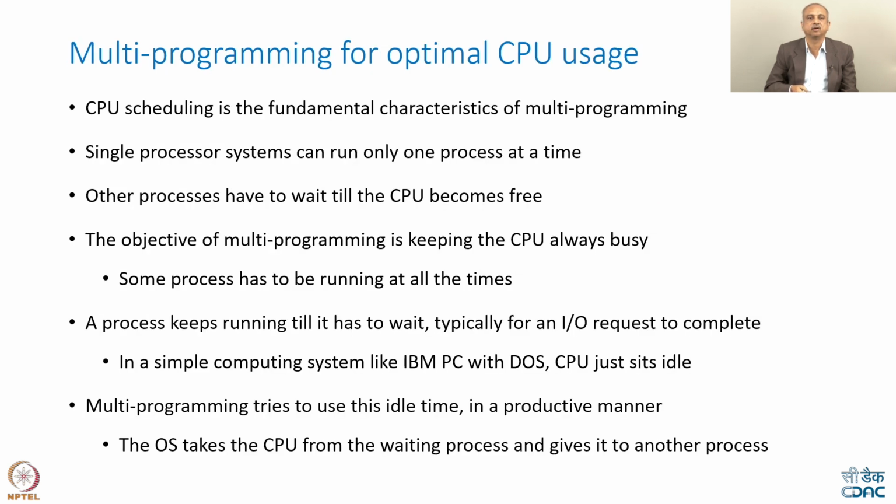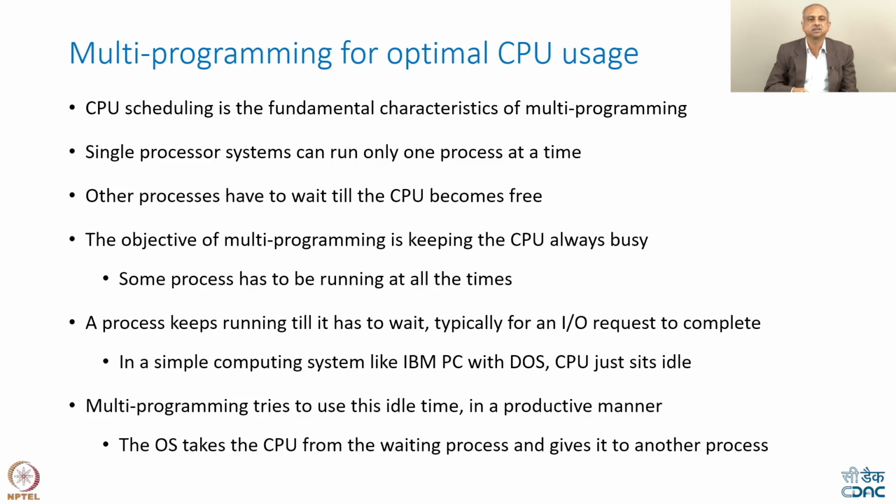Now, when you want to make optimal use of CPU, a technique called multiprogramming is used. For that, you need to schedule programs one after another on the CPU. So, that is the fundamental characteristic, that you have to do scheduling of various programs on the CPU.